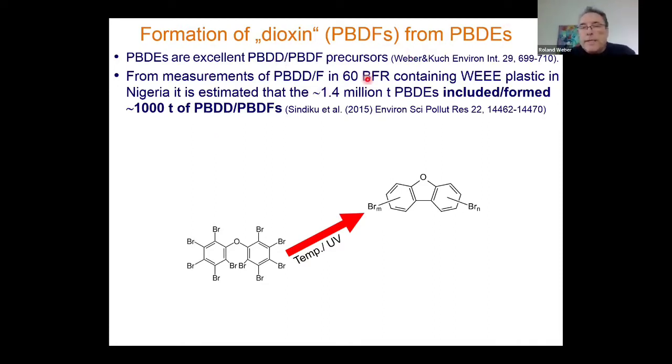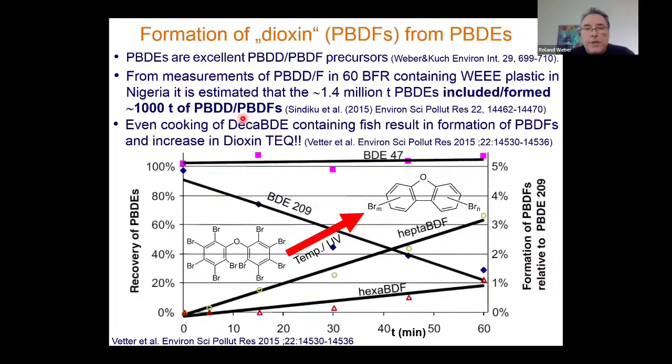In total, it can be estimated that the 1.1 to 1.4 million tons of PBDEs have formed about 1,000 tons of brominated furans, which are still in products. And there was a recent study of children's toys made from recycled plastic, and several of them contained high brominated dioxins at the level of a fly ash.